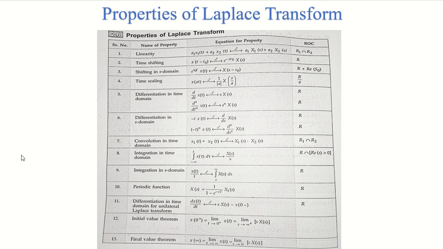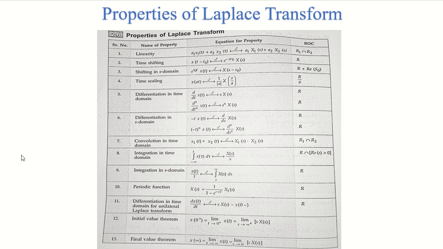After that, we have differentiation in time domain for the unilateral Laplace transform. When we take the differentiation of my signal x of t and then perform the Laplace transform on it, what you will find is x of 0 and s x of s.